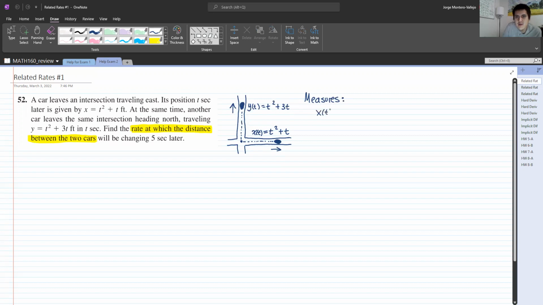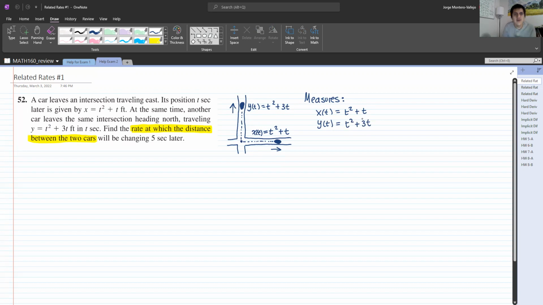So we have x of t, which is the position of the car heading east, t squared plus t. We have y of t, which is the position of the car heading north, t squared plus 3t.